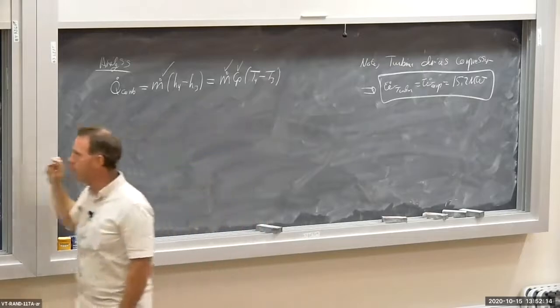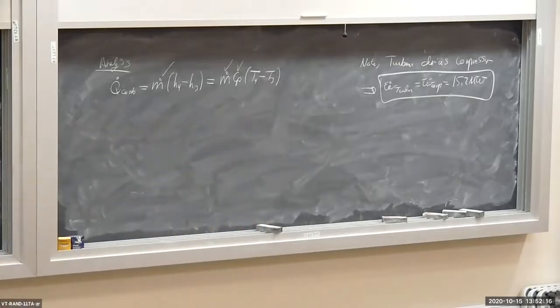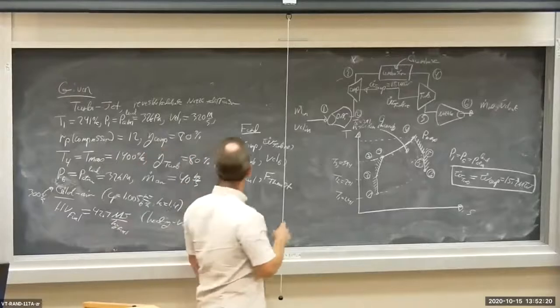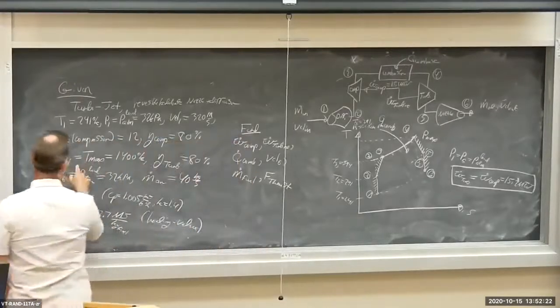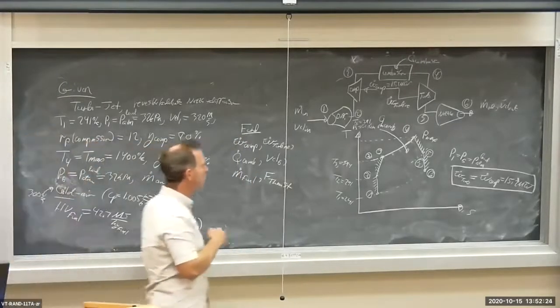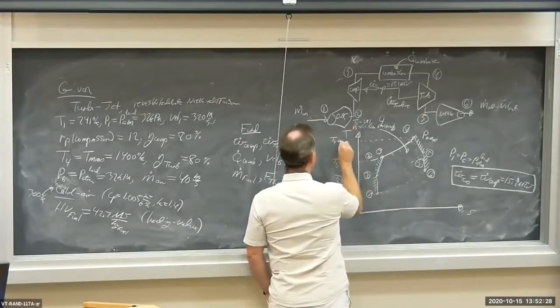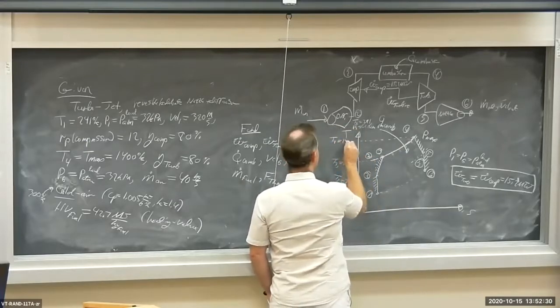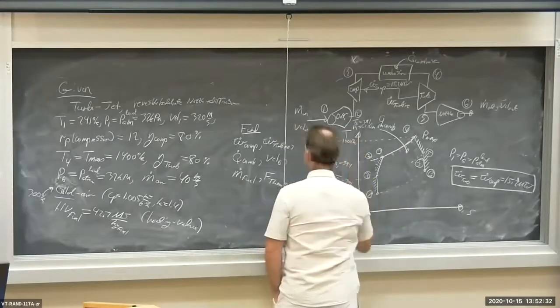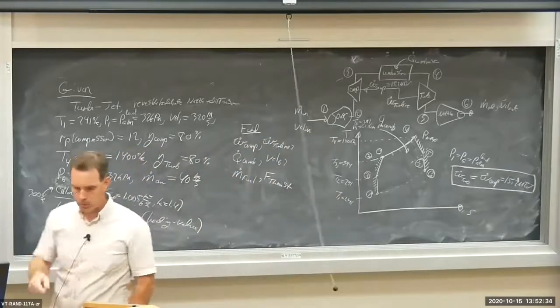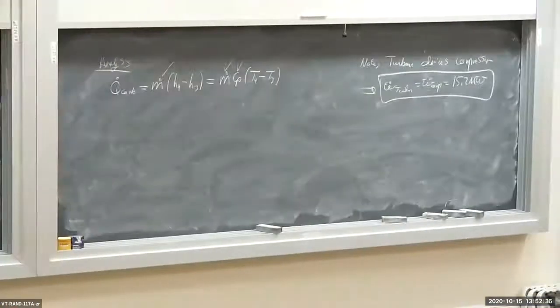Do I have T4, which is my combustor outlet temperature? Yes, the maximum temperature in the cycle, T4, I have that. So T4 equals 1400 degrees Kelvin, okay?